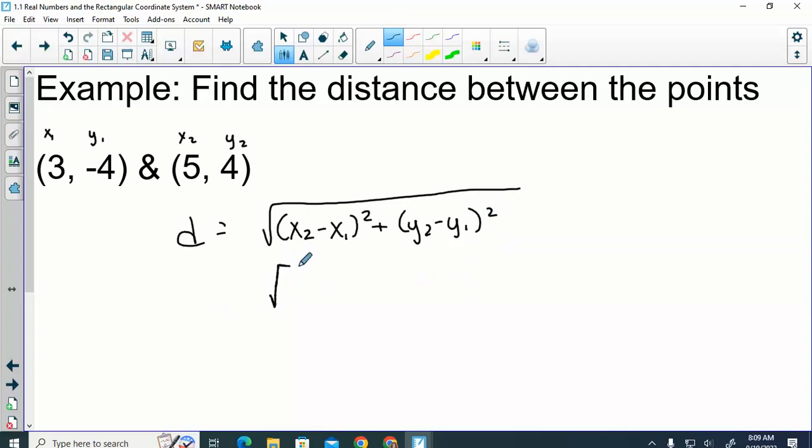So if we plug in our numbers, x2 is 5 minus 3 squared, y2 is 4 minus negative 4 squared.